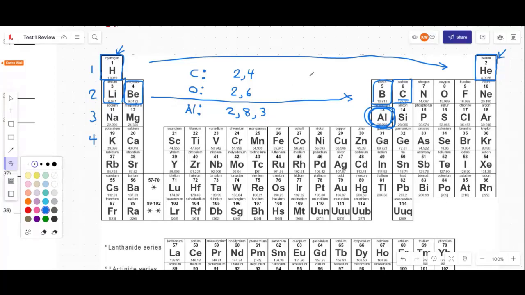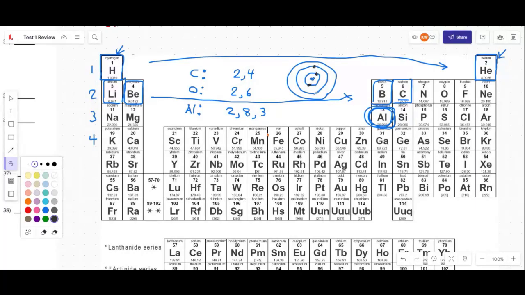So if I was to draw a picture of the aluminum atom, here's my nucleus, okay? I have the first energy level, the second energy level, and the third energy level. This is also what's referred to as a Bohr diagram. In the first energy level, I had 2 electrons. I'll draw those 2.